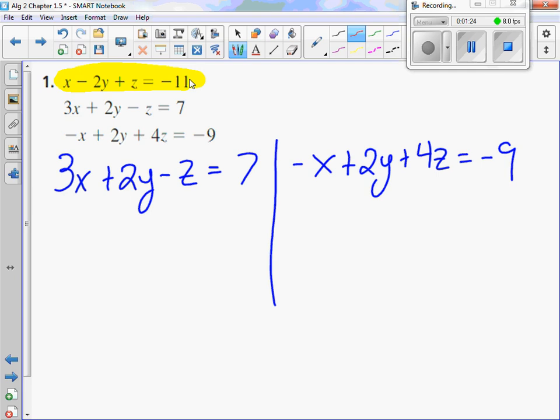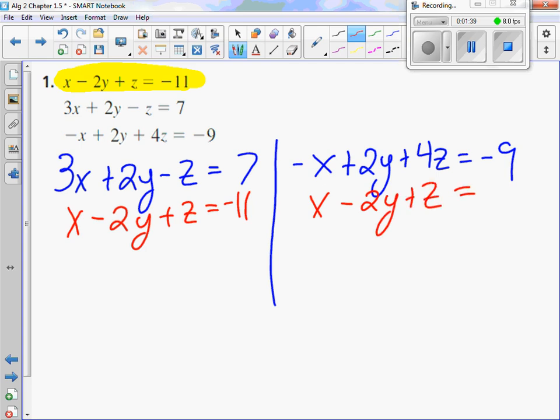And again, our eliminator equation is the top one, so we're using it to eliminate y out of both equations. And since we don't have to do anything to change it, we'll just go on and write it under both of them.